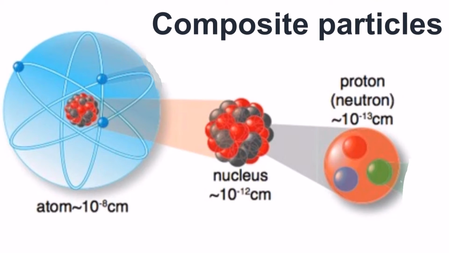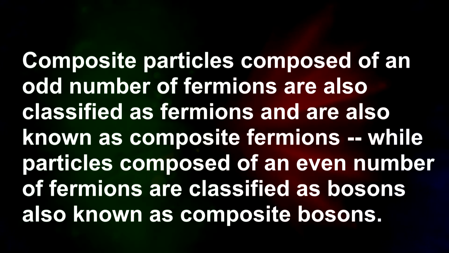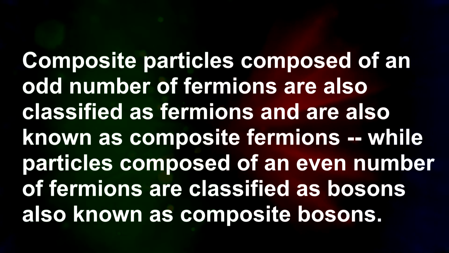You can figure out if a composite particle, say a proton or even a hydrogen atom, is either a fermion or a boson by knowing how many smaller fermions make up the composite particle. Composite particles composed of an odd number of fermions are also classified as fermions and are also known as composite fermions, while particles composed of an even number of fermions are classified as bosons, also known as composite bosons.